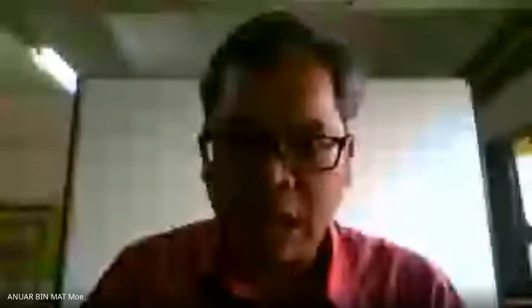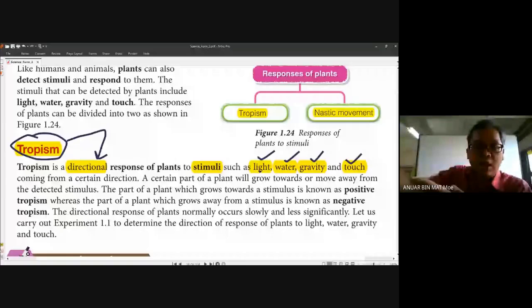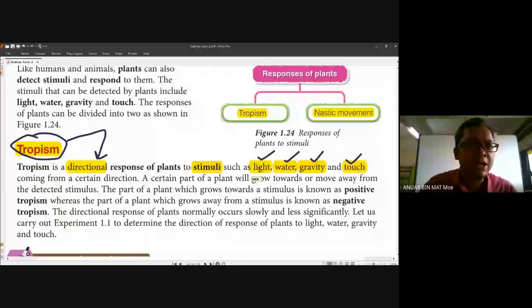For example, when I take one example of stimuli, the light here, meaning tropism, directional meaning that the plant will go directly to the light. This is what we call tropism, a directional response of plant to stimuli.